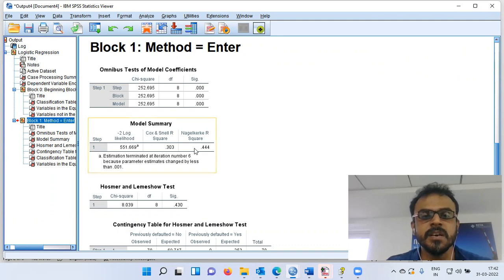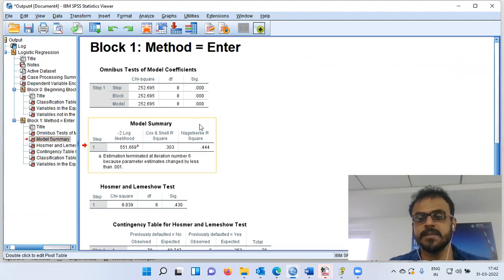You can see here, we have the model summary statistic. The model summary statistic reports 3 important items here: -2 log likelihood, Cox and Snell R square, very important, and lastly, Nagelkerke R square.